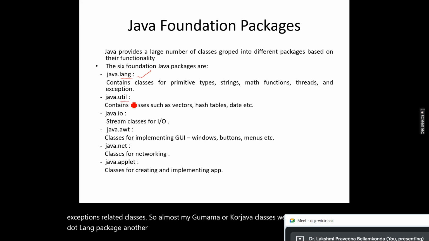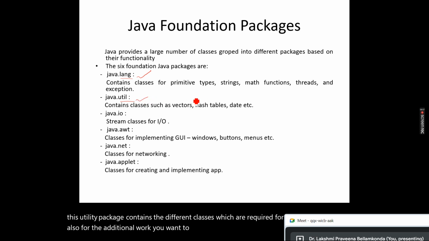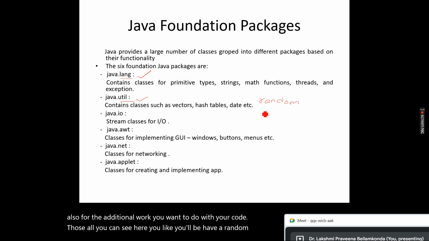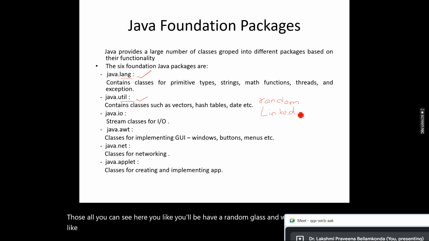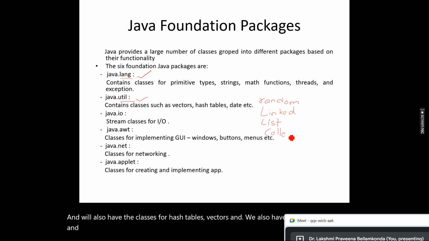Another package is the util package. This is also within the Java folder. This util package contains the different classes which are required for the data structures, and also for the additional work you want to do with your code. Those you can see here, like the Random class, and some classes like LinkedList, and we also have the classes for hash tables, vectors, and the list and collection framework related classes.